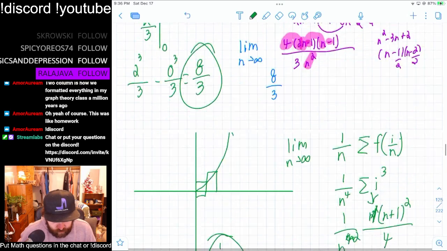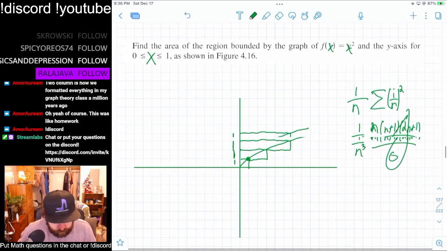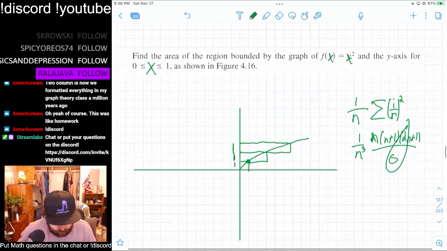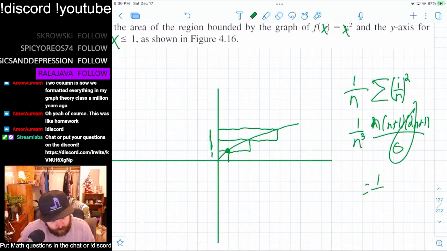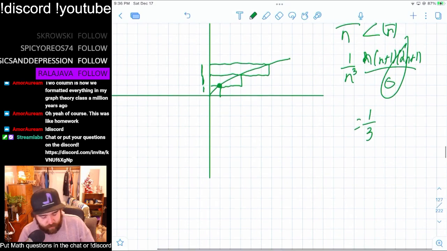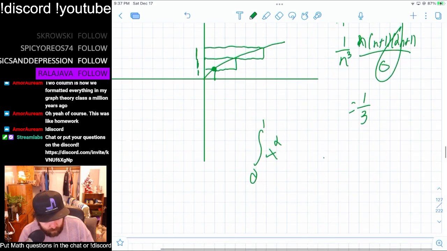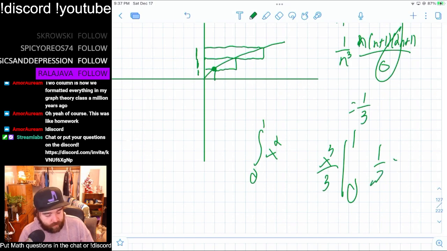Oh, because this was from 0 to 2. This one's just from 0 to 1. So we just got 1/3. And that makes sense, right? If I just do the integral from 0 to 1 of x squared, you get x to the third over 3 from 0 to 1, which is 1/3 minus 0/3, which is 1/3.